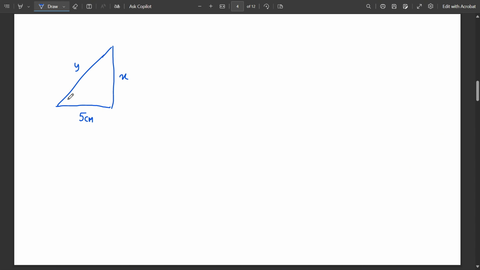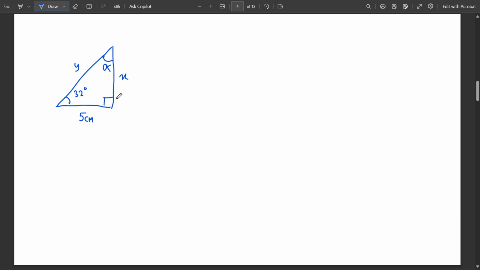We know that this angle is 32 degrees, and this is an unknown angle, let's call it alpha, and this is 90 degrees. We're told to find our alpha, x, and y.